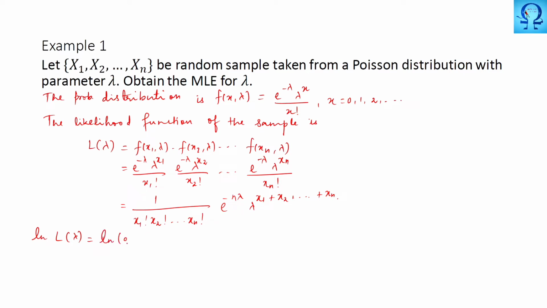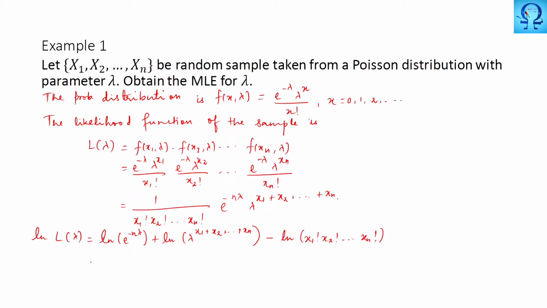So log of e to the power minus n lambda plus log of lambda to the power x1 + x2 + ... + xn, and whatever is in the denominator, it is log of x1 factorial, x2 factorial till xn factorial.